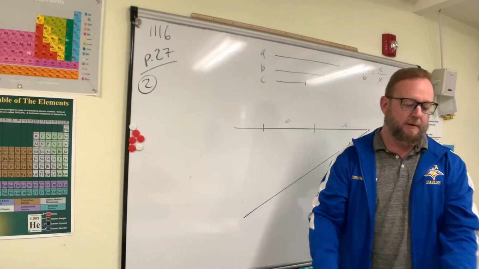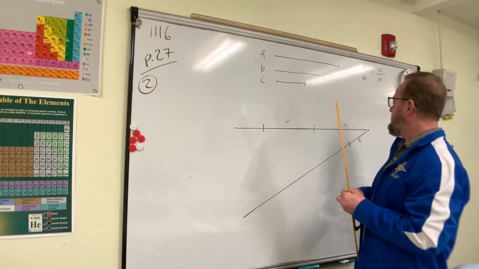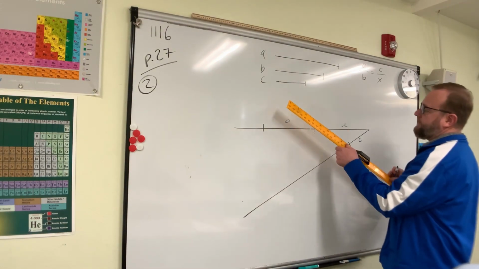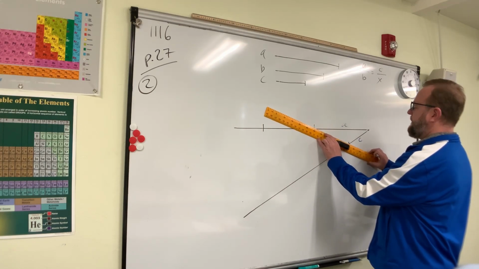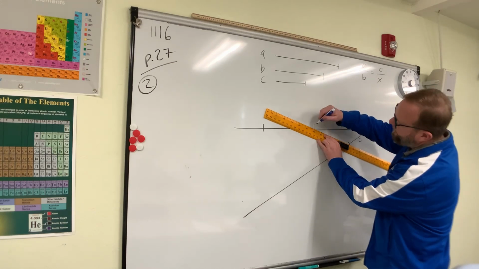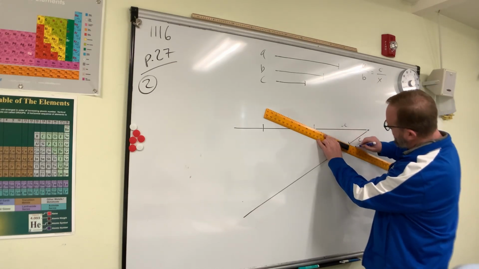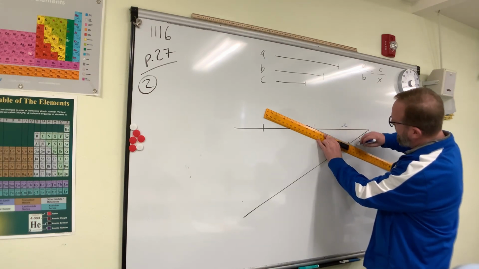I need my straight edge again, and I need to create my line that goes through these 2 points. There we go.